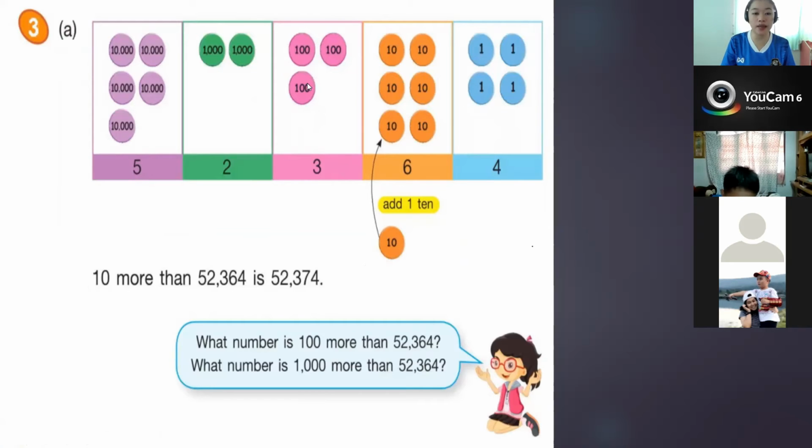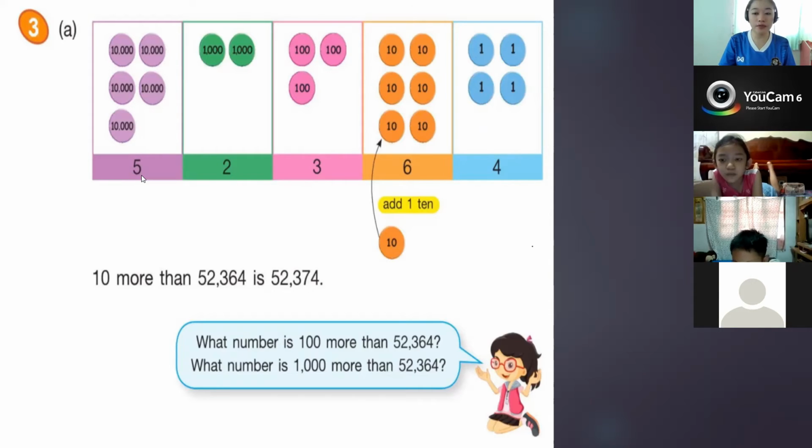So these are the place values. In ones, we have number 4. 6 stands for 60. 3 for 300. 2 for 2,000. And 5 for 5,000. Okay, so we have 50,000.